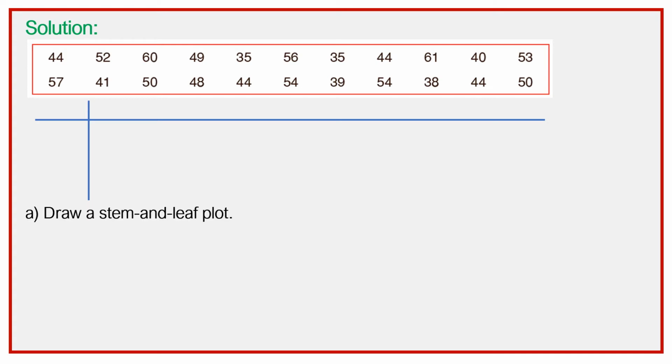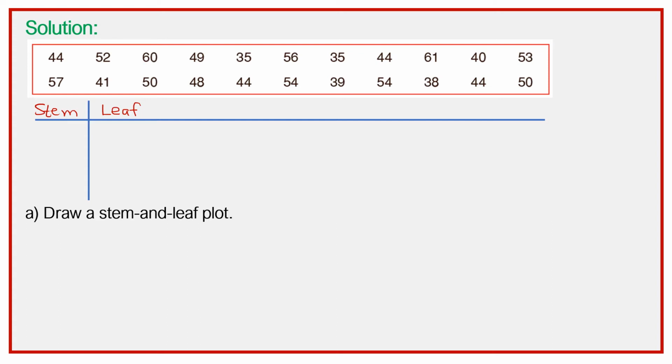We need to draw a stem and leaf plot. Remember, here we have stem and here we have leaf. And remember, we need to write the data points from small to big.